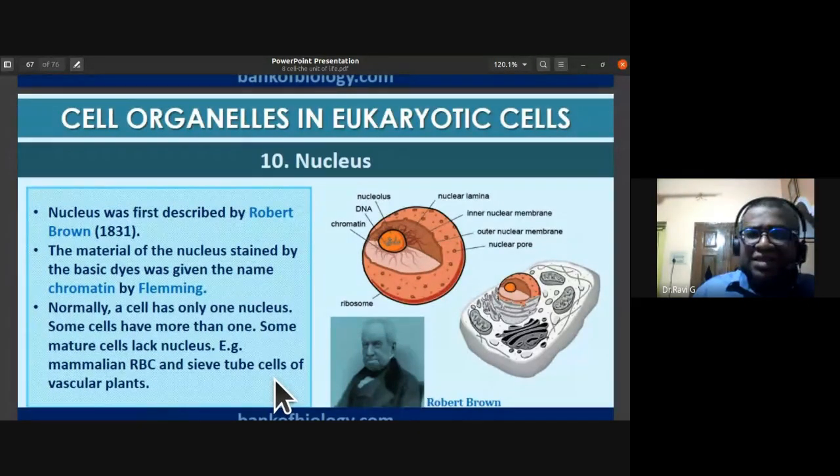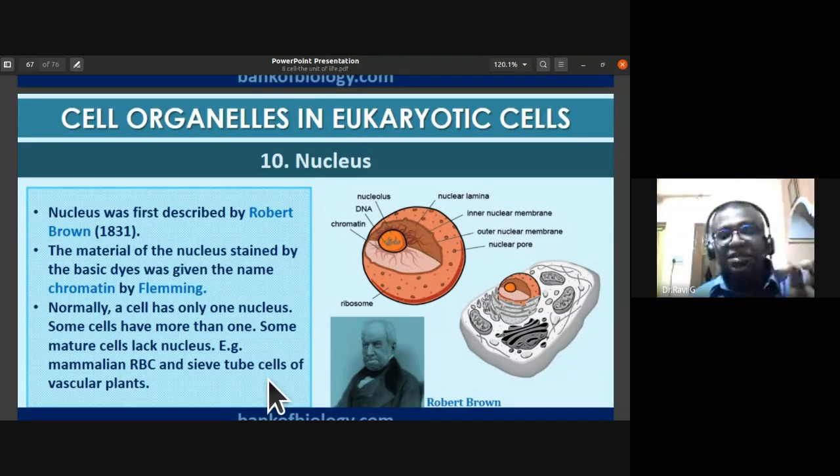Except for camel, all mammals have anucleate RBCs. In angiosperms, the sieve tube cells are without a nucleus.